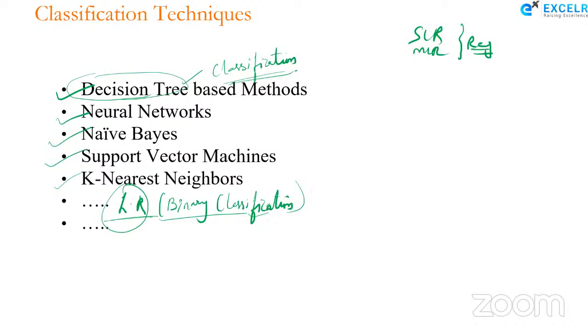Few algorithms like neural nets and decision trees can be used for both regression as well as classification. There is a plethora of techniques available out there, but for the sake of today's session, we are going to only look at decision trees as a method for classification.